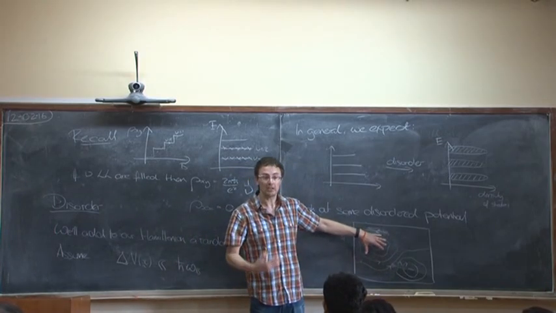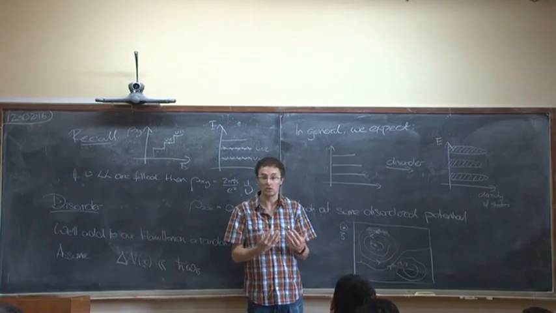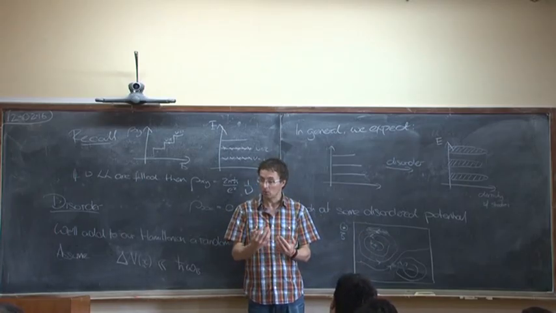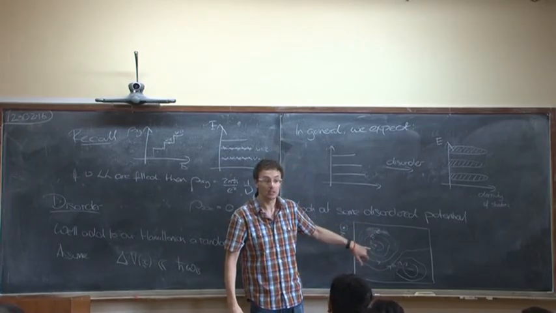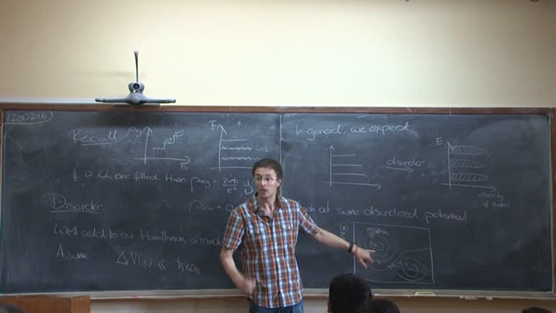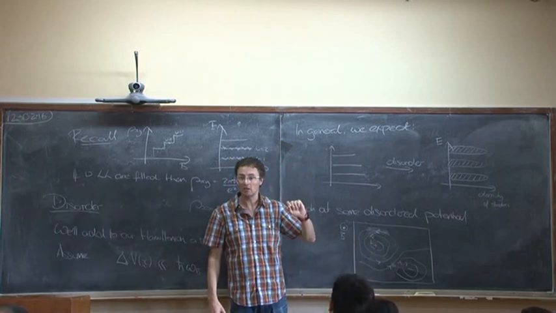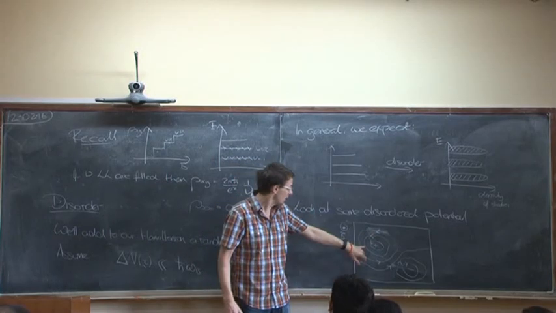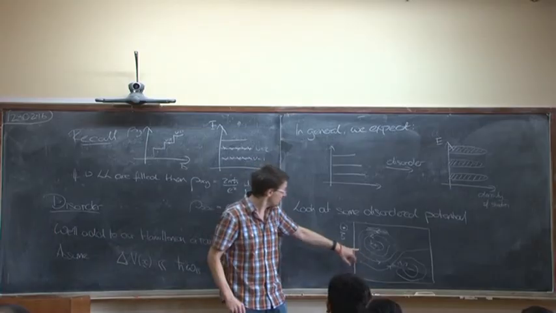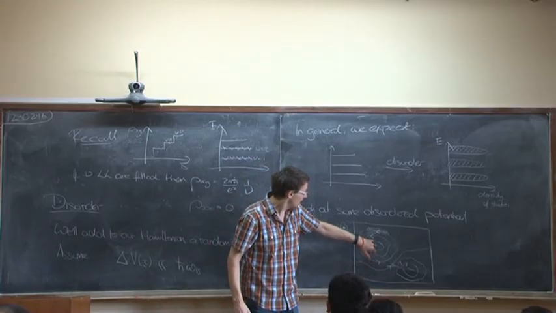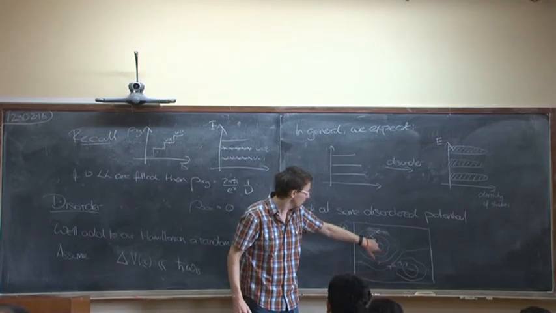Of course, you might expect that something like this happens quantum mechanically, and it does. You can certainly do very easy semi-classical quantization and look at what happens to the wave packets, and you see that it's exactly the same. So what does that mean? It means there are two qualitatively different classes of states in this system. Some states, say the ones here, the wave functions you'll look at will be localized around this equipotential.